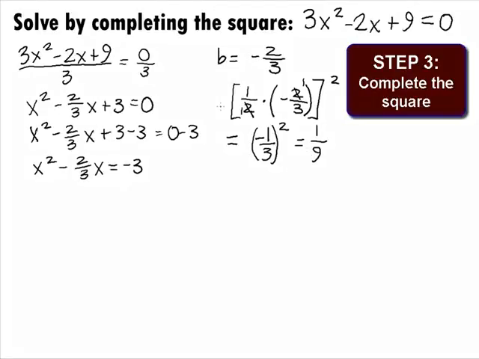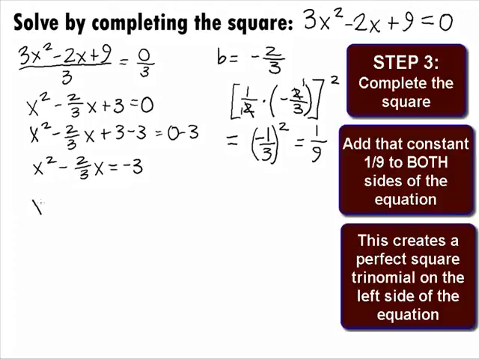Adding 1 over 9 to both sides of the equation, we get x squared minus 2/3 x plus 1 over 9 equals a negative 3 plus 1 over 9.